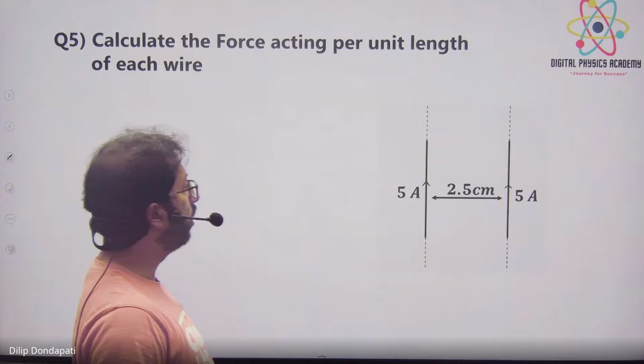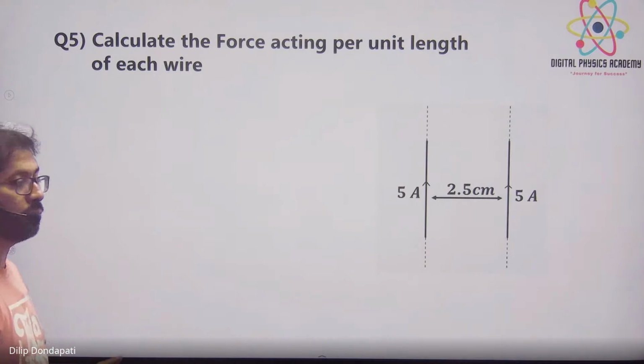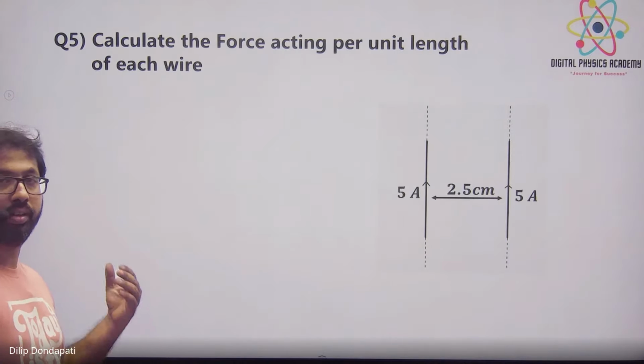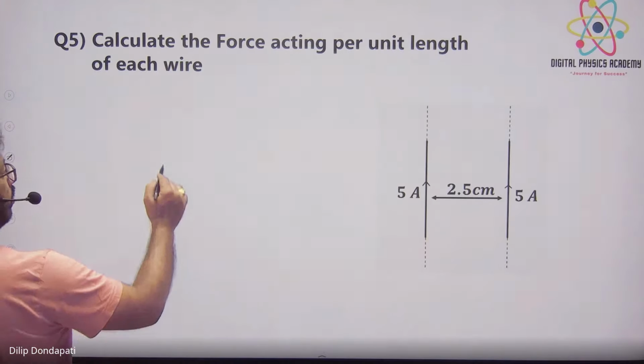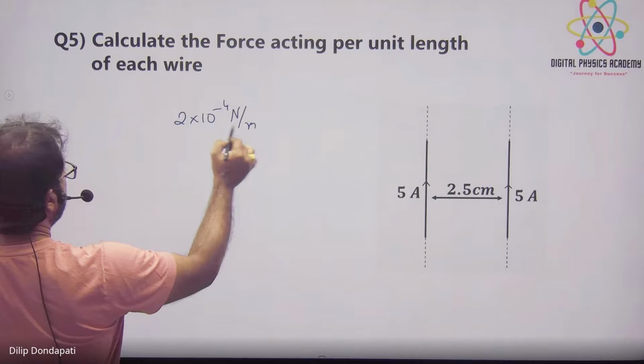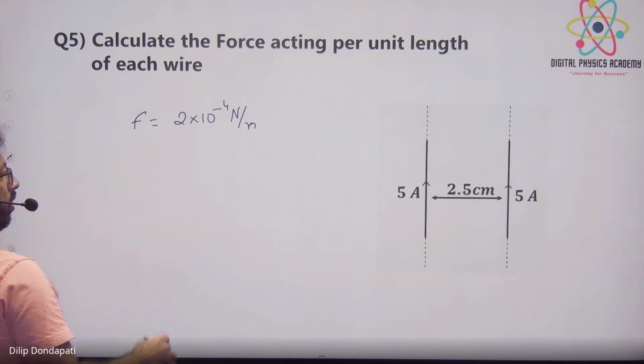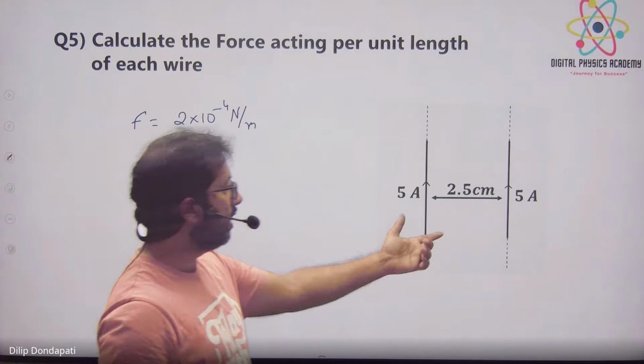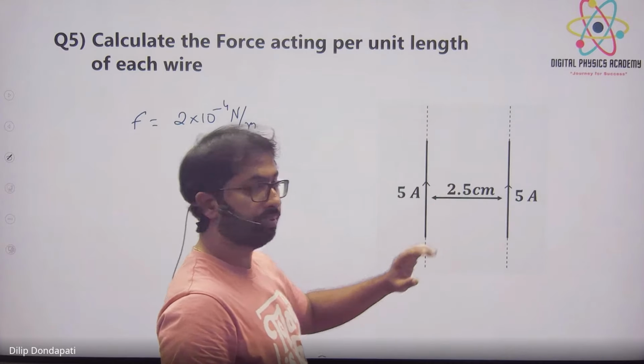Units: force per unit length, right? Newton per meter. So 2 into 10 power of minus 4 Newton per meter is the answer. The formula is mu naught by 4 pi into 2 I1 I2 by D, where D is 2.5 centimeters, right?